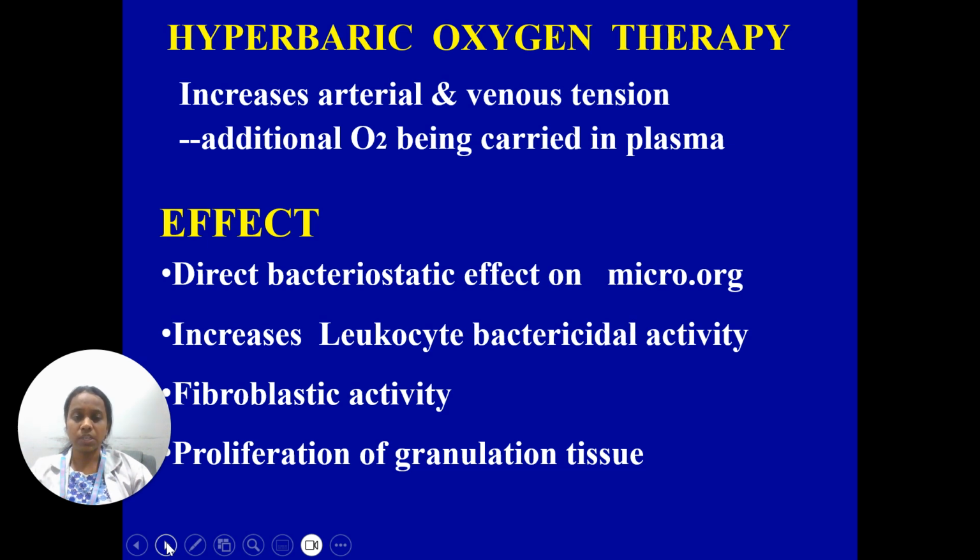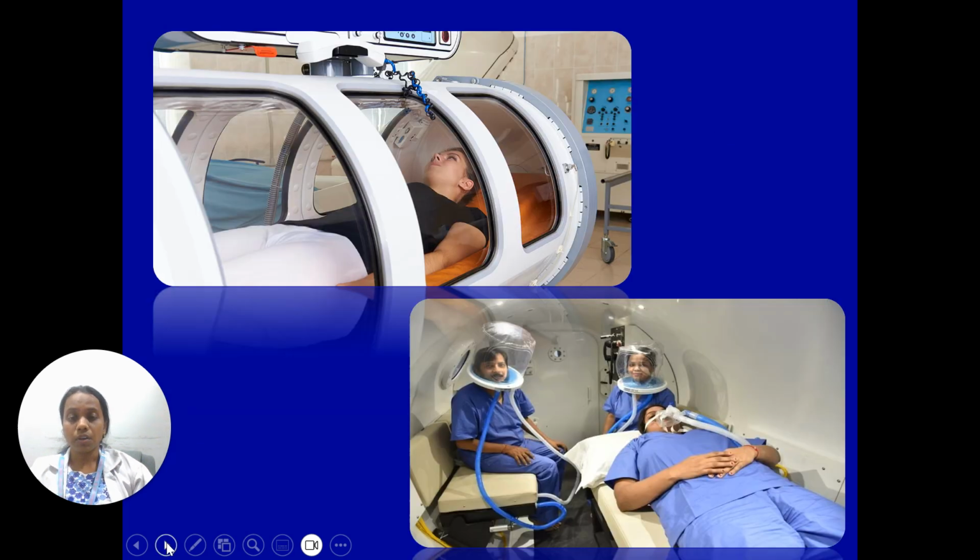It increases the leukocytic bactericidal activity. It activates the leukocytes and enhances fibroblastic activity, which helps in the reparative process as well as proliferation of the granulation tissue. Both of these help in repair of the tissue.